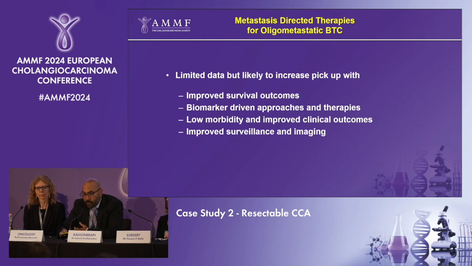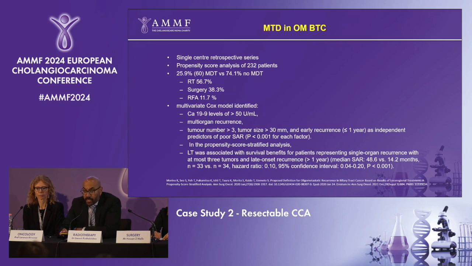And so fundamentally it is an MDT discussion to optimize the treatment for that specific patient, and try and offer the lowest morbidity. We're likely to see a lot more oligometastatic disease with improved surveillance and imaging. So in terms of the evidence base, I'm very sorry for the busy slide, but this is really to highlight the limitations.